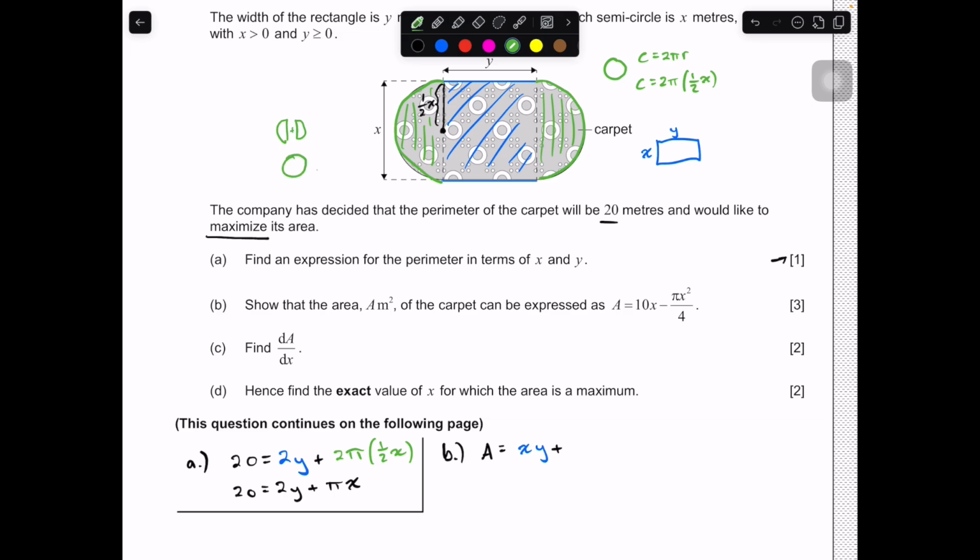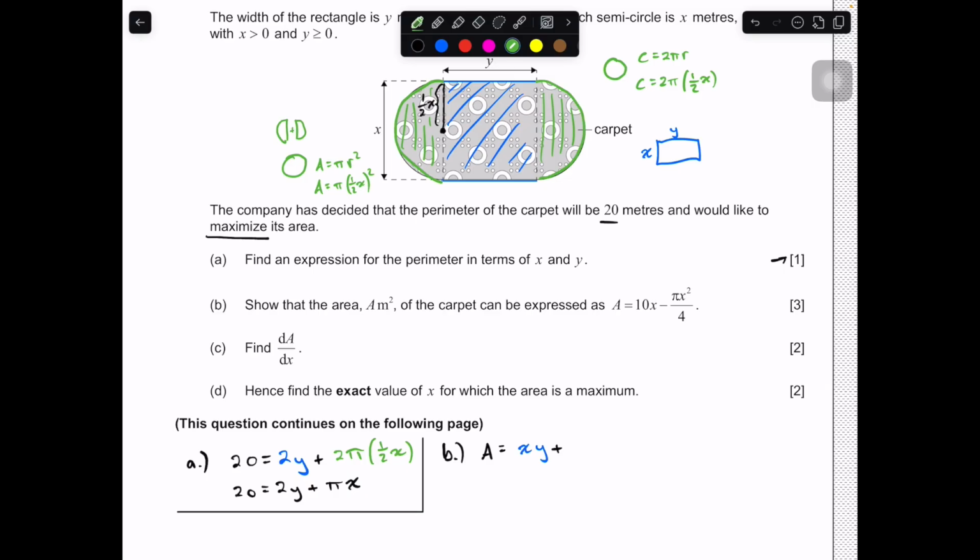And the area of a circle is equal to pi r squared. So if we want to write this out, we also know that the radius is equal to 1/2 x. We're going to need to substitute for half of an x, because that's what the radius is.